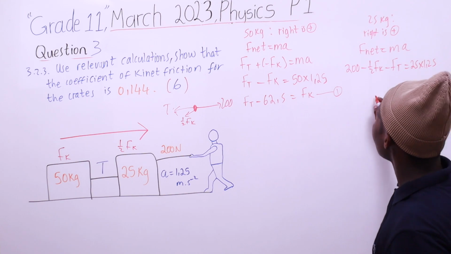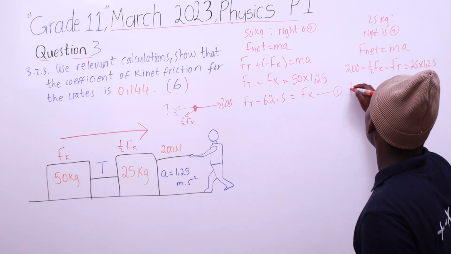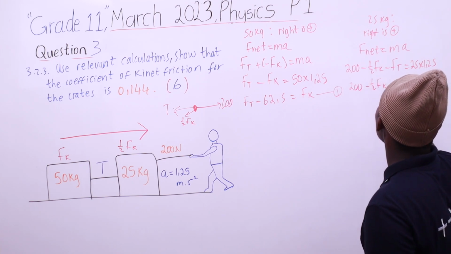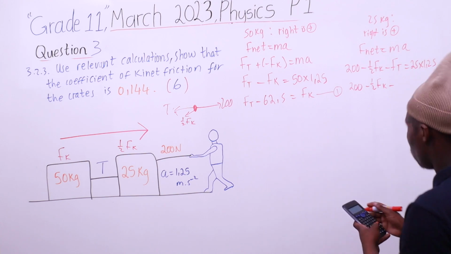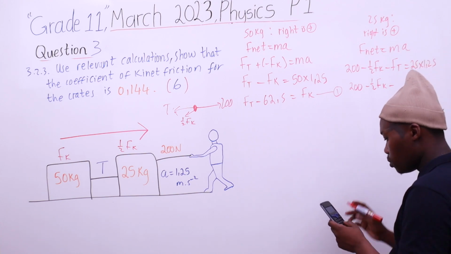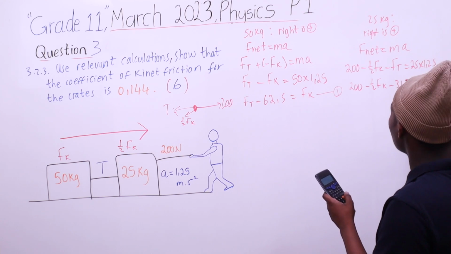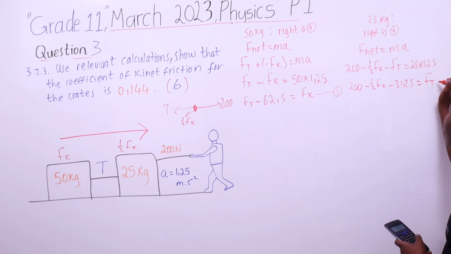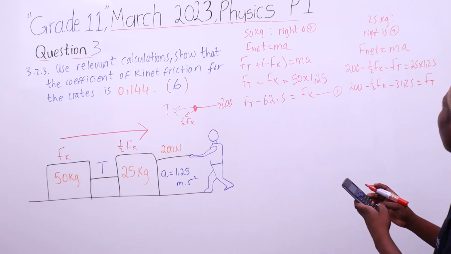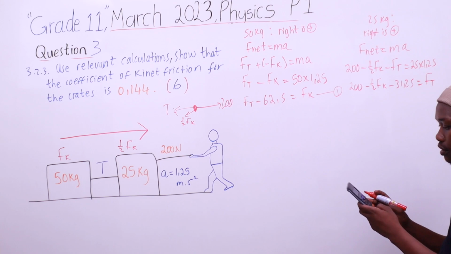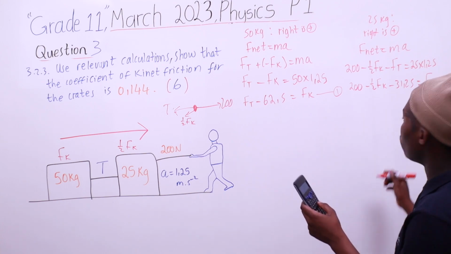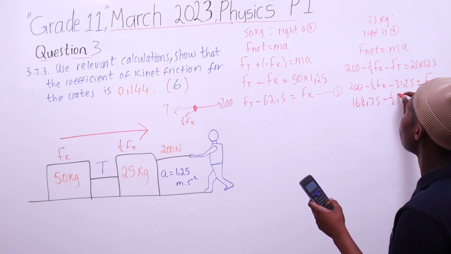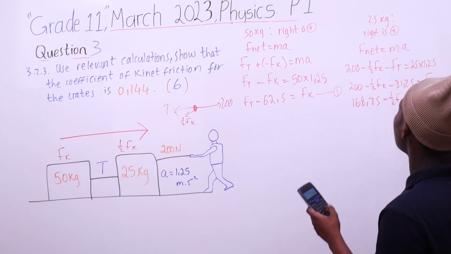So sesizothi 200 minus 1 over 2 fk minus 25 times 1,25, 31,25 is equals to ft. So kahle 200 minus 31,25, 168,75 minus 1 over 2 fk osinikeza ft.